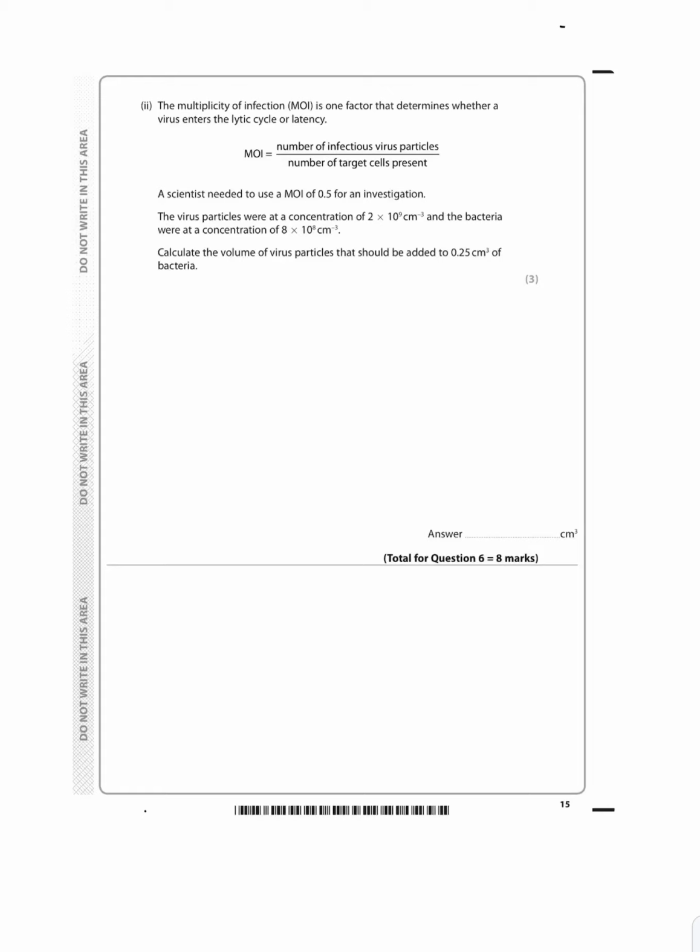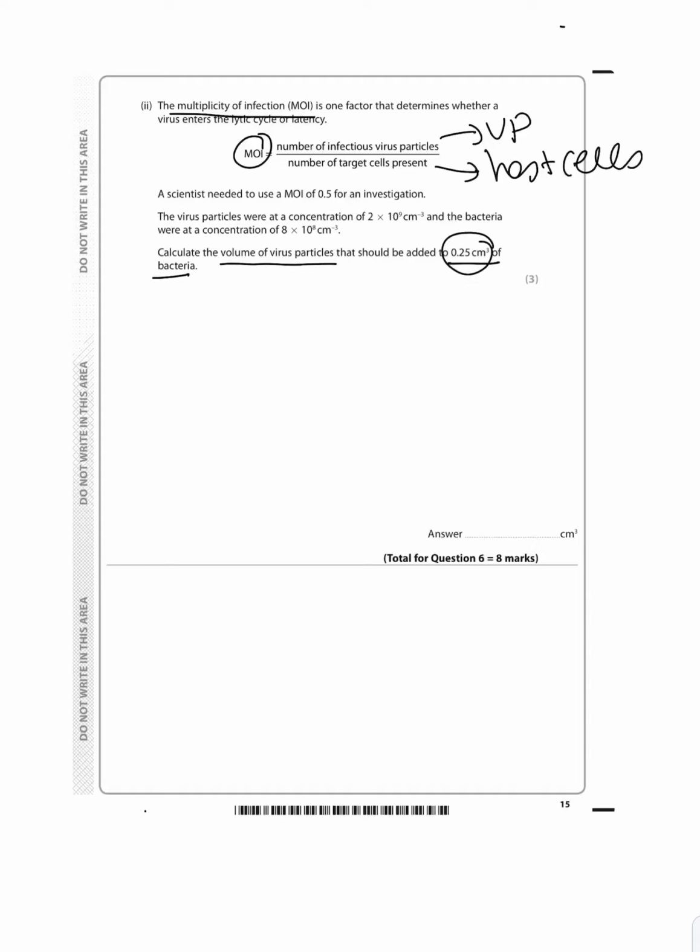But in the meantime, this just means the ratio between the virus particles that are present and the target cells, so that's the host cells that will be infected. That's just the ratio. So here we see calculate the volume of virus particles that should be added to 0.25 cm³ of bacteria. Well, that's the first thing we should start off with.